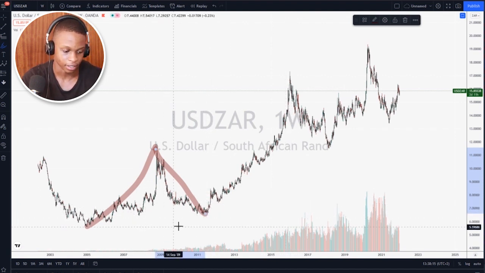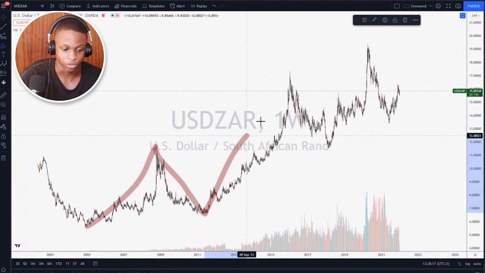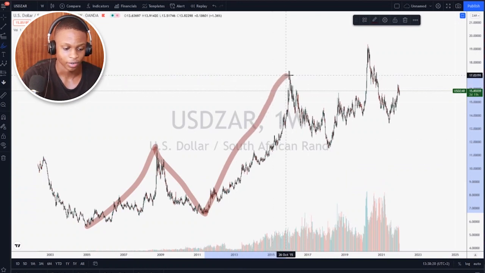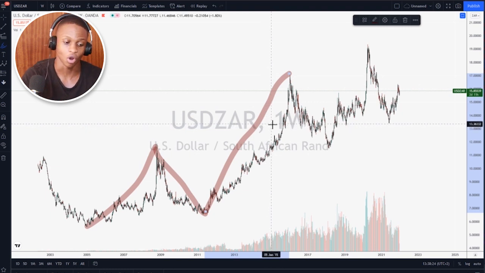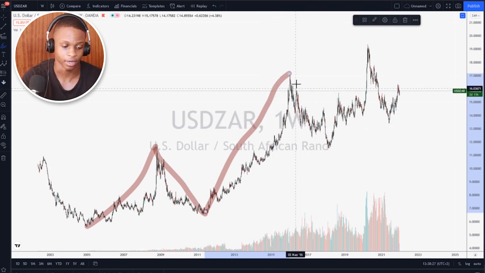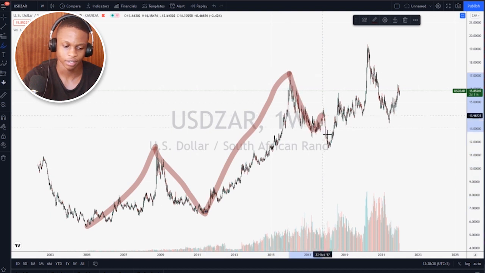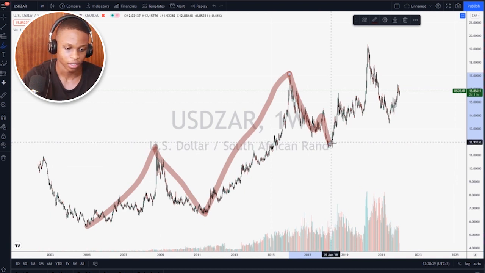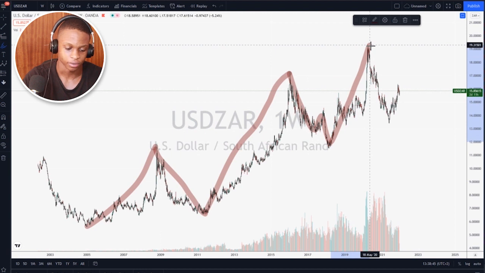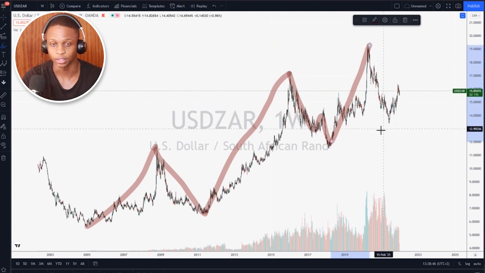Then I see a very strong impulse from 2011 right up to the end of 2015. That is a long time for this thing to rise. I see another correction from 2015 to mid 2018, followed by a shorter impulse between 2018 to mid 2020.